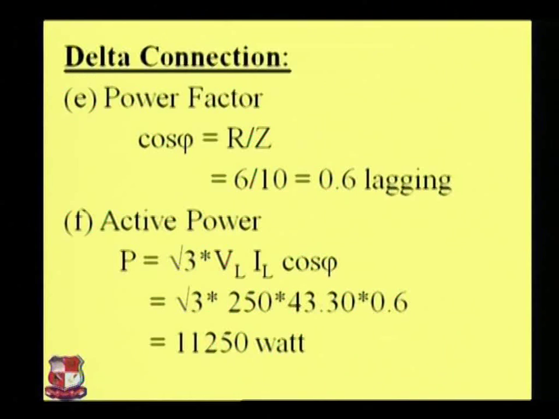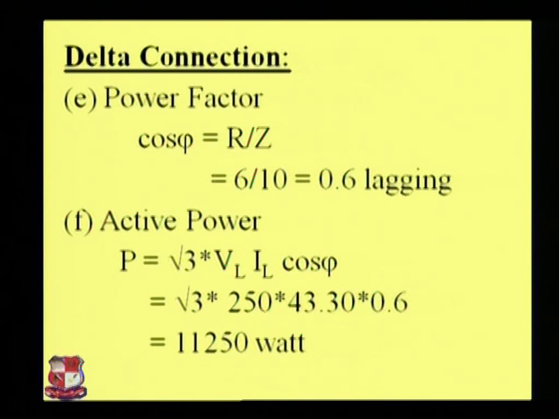Now the turn towards the power factor, that is cos phi. The equation for power factor cos phi is R by Z. We already have the value of R, which is the real value, that is 6, and Z, the impedance per phase, is 10 ohm per phase. So by taking the ratio of 6 by 10, we get cos phi equals 0.6. And remember that the power factor is either leading or lagging.